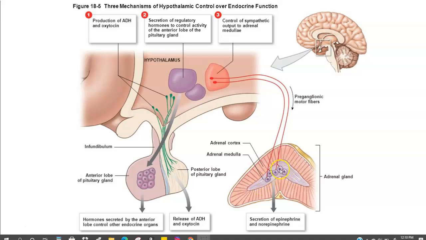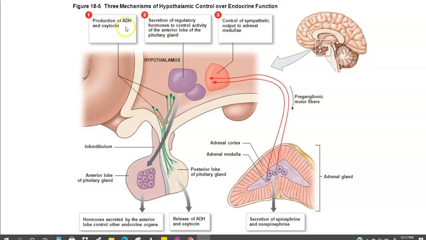The adrenal medulla is actually considered to be that postsynaptic ganglion of the autonomic nervous system that will secrete these hormones, epinephrine and norepinephrine. And if you remember from the autonomic nervous system, epinephrine and norepinephrine also serve as neurotransmitters. But in this instance, where epinephrine and norepinephrine are secreted from the adrenal medulla, they are acting as hormones.